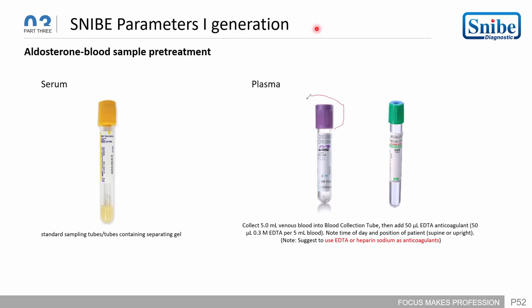While for plasma, the major tubes used in the hematology section are the purple top, which are either dipotassium EDTA or tripotassium EDTA. So for this assay, if the dipotassium EDTA is validated, you have to use the dipotassium EDTA, otherwise the tripotassium EDTA tube is required. So this is a lithium heparin anticoagulant tube.